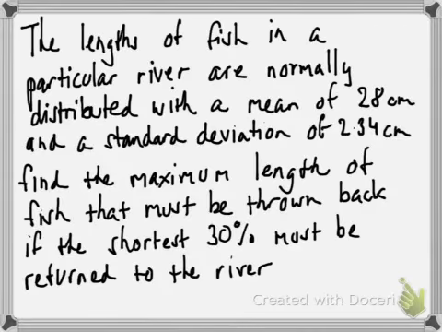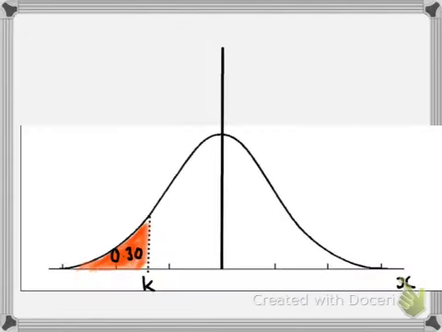Find the maximum length of the fish that must be thrown back. So what's the largest fish that must be thrown back, given that the smallest 30% have to be thrown back? So I'm trying to find that value k. It's the same thing again, inverse normal. So menu 5, 5, 3.